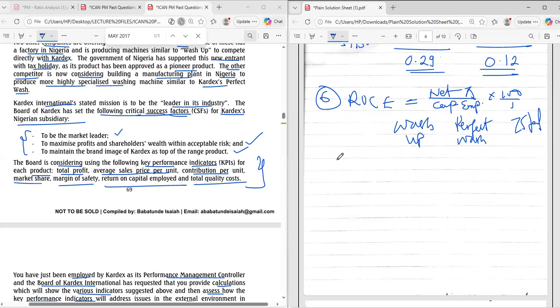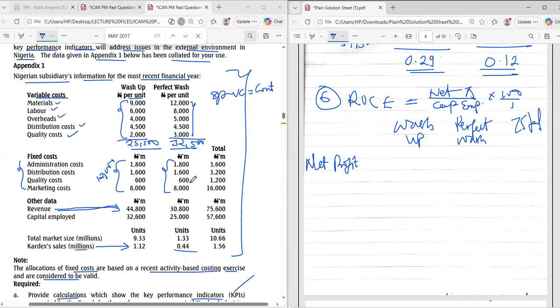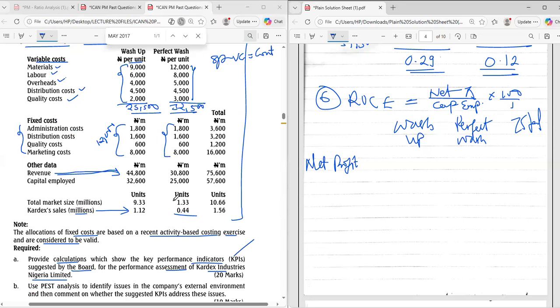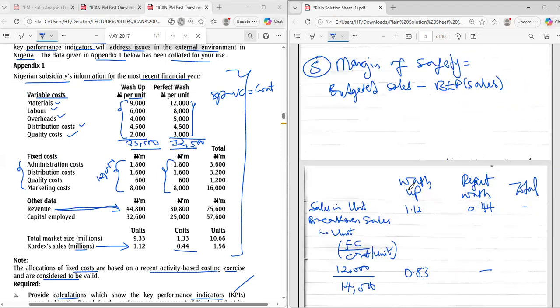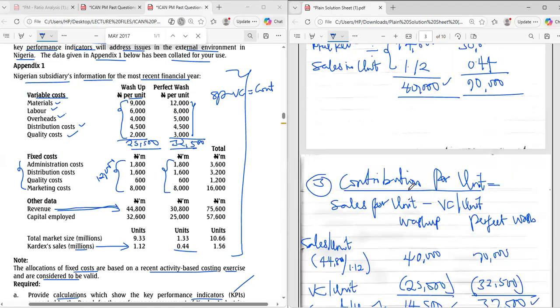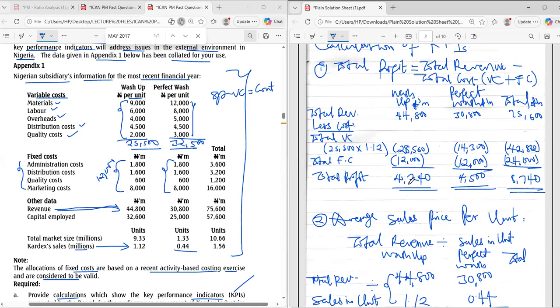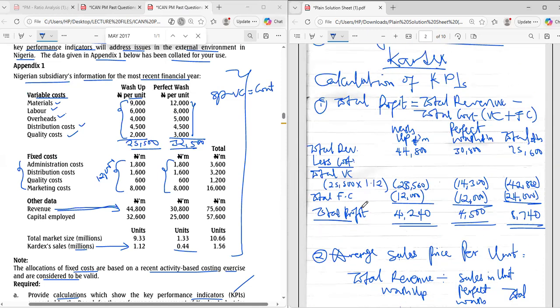So what's the net profit? They should give it to us. They did not give us. Have we done net profit before? Let's check. No, we've only done capital employed.